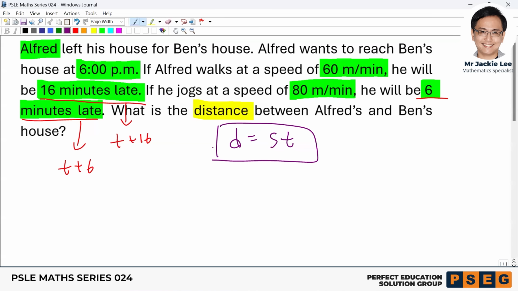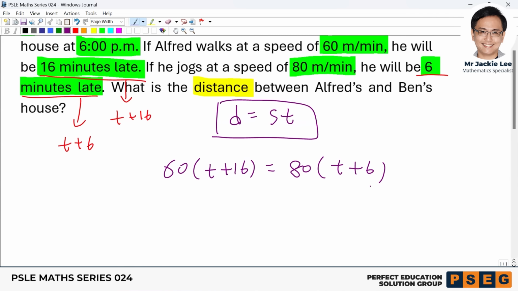So we can compute. For walking, the equation will be the speed 60 times bracket T plus 16. Then for jogging, 80 times bracket T plus 6. Am I right? Between 60 and 80, we can do a bit of cancellation. Both divided by 20. This is 3, this is 4.